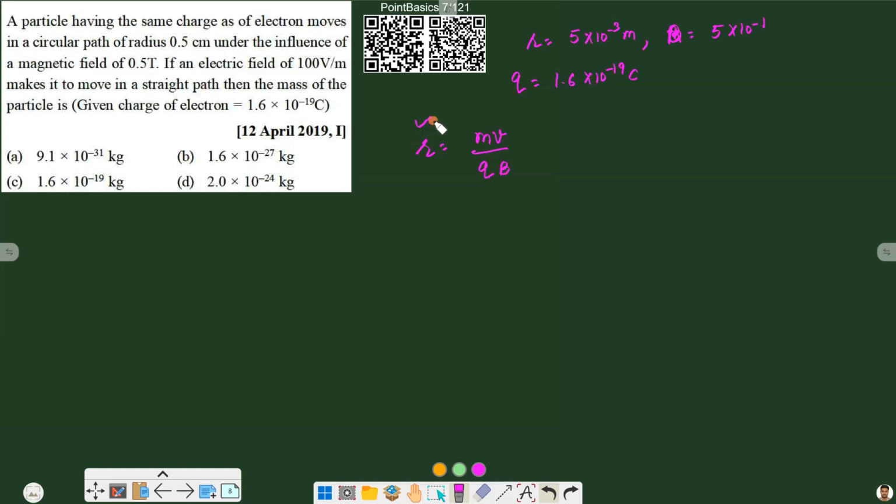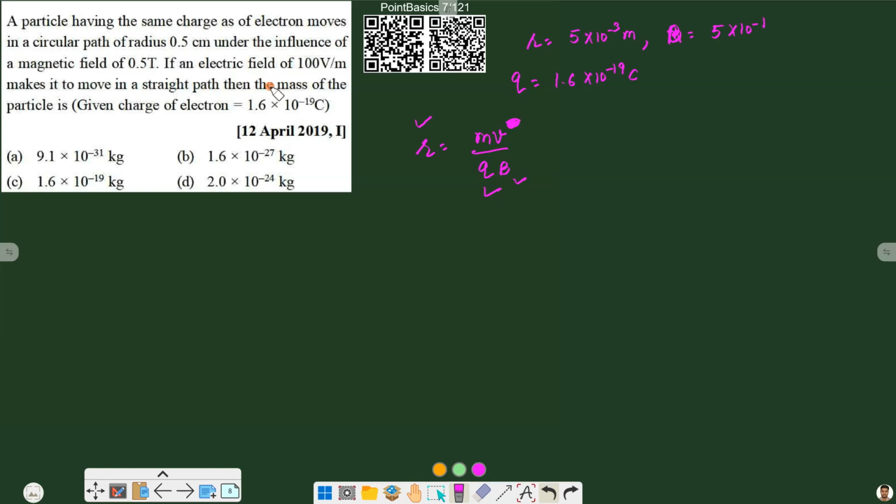So we have radius, charge and B, but v is not given here, and mass we have to calculate. And it is also mentioned that if an electric field of 100 volt per meter is applied, the charged particle moves in a straight path.